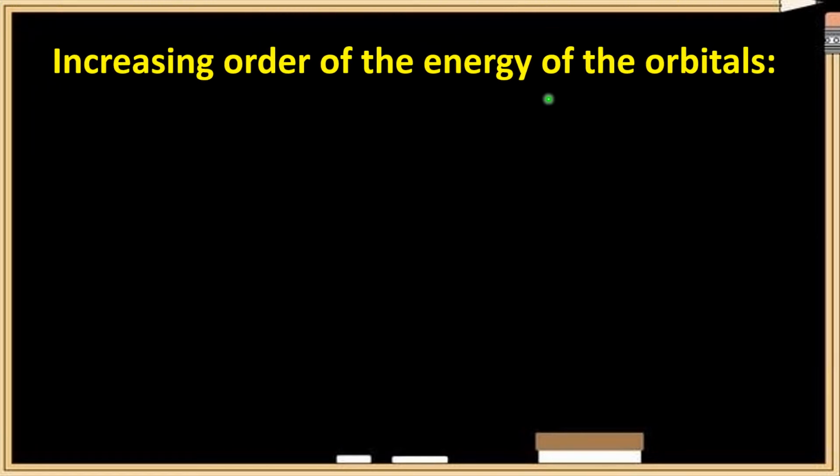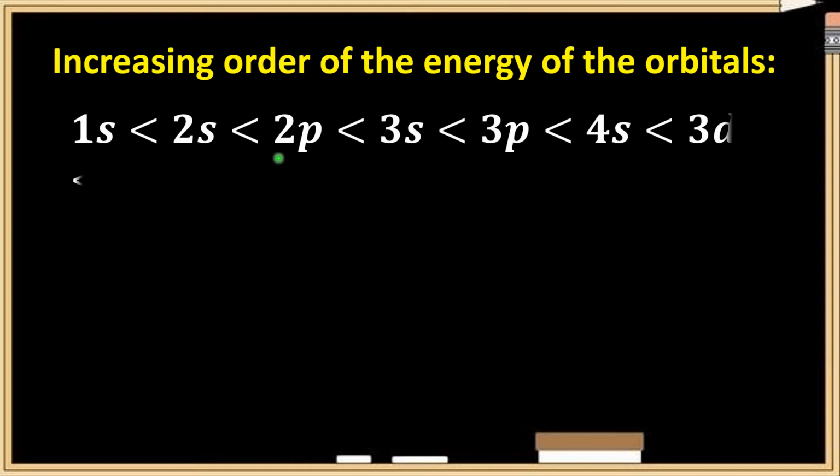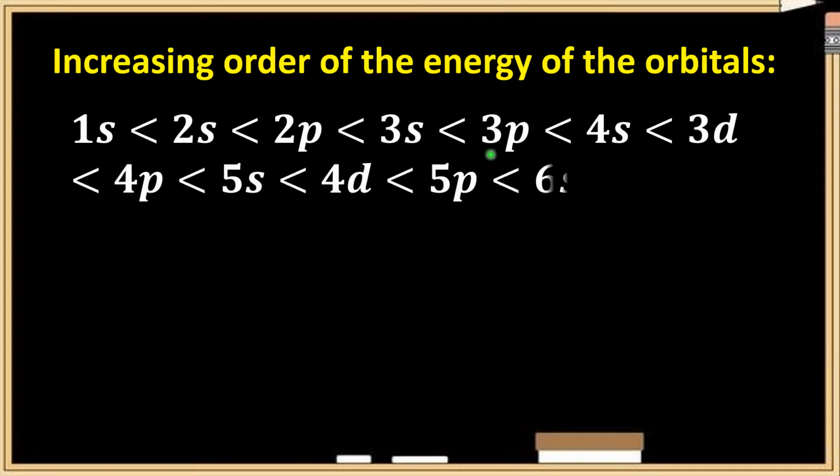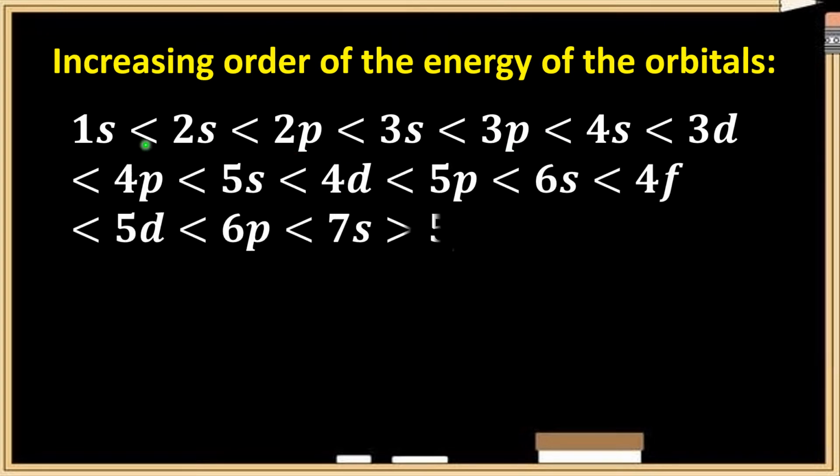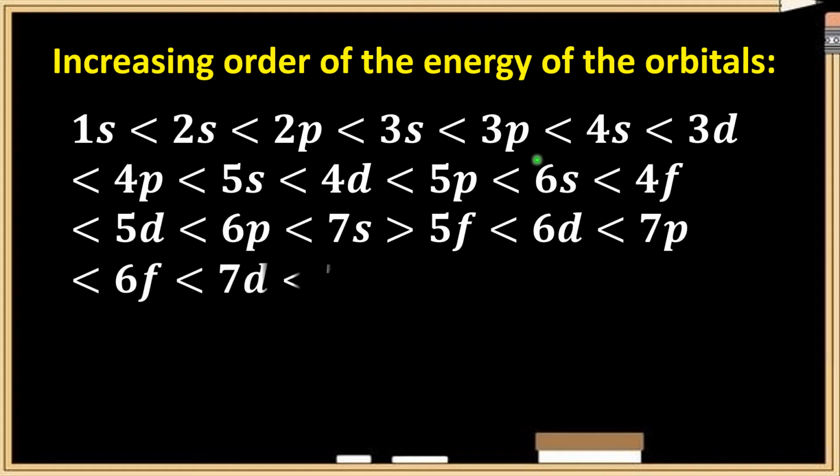Increasing order of the energy of the orbitals is like this. 1s is less than 2s, is less than 2p, is less than 3s, like this. I have calculated the N plus L values up to here, and the remaining orbitals' N plus L values can also be calculated like this, and this is the increasing order of the energy of the orbitals.